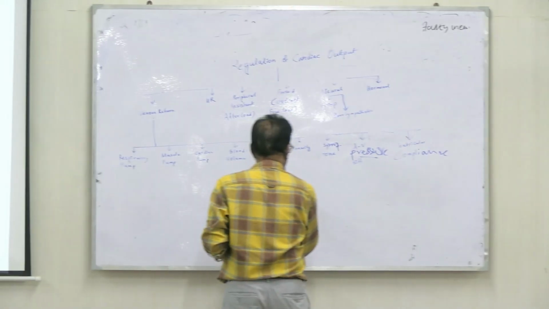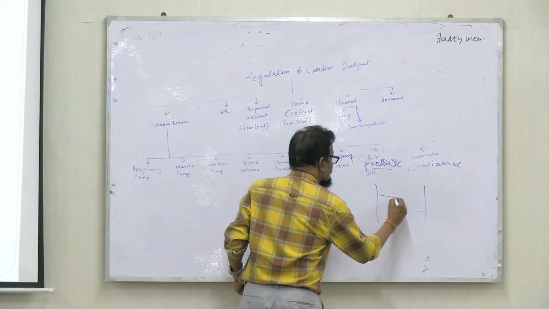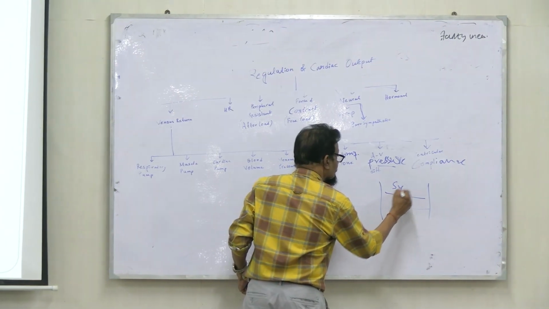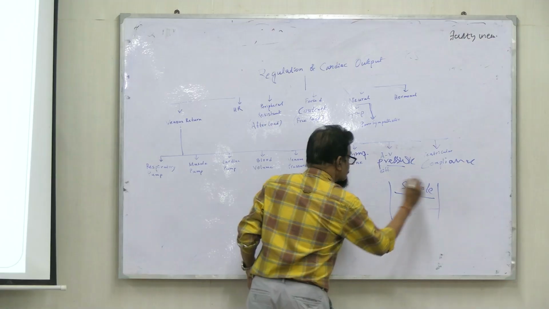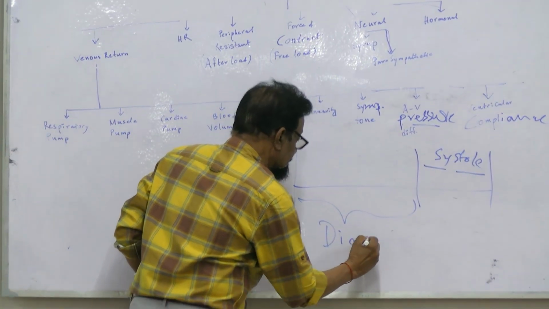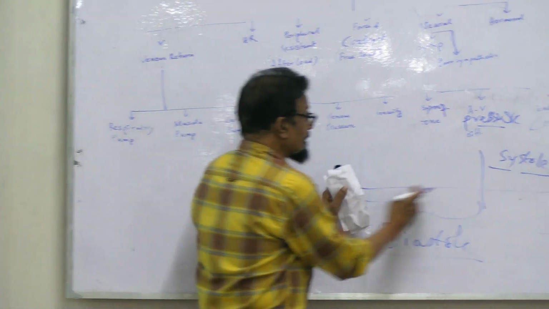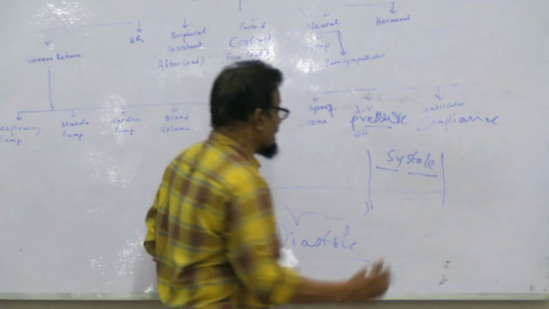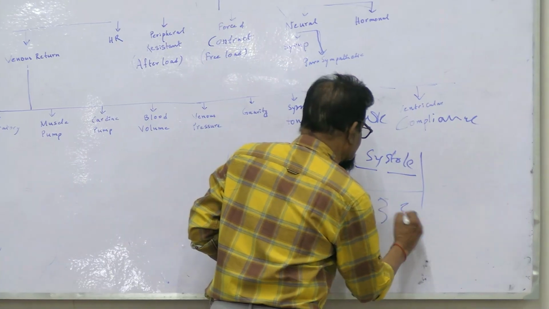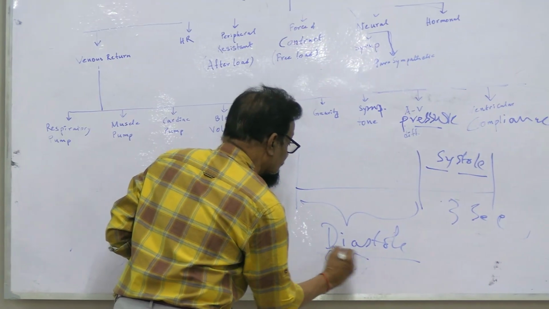Why? This is the period of systole, and this is the period of diastole. Diastolic time is more. It is 0.3 second for systole normally, and 0.5 second for diastole.